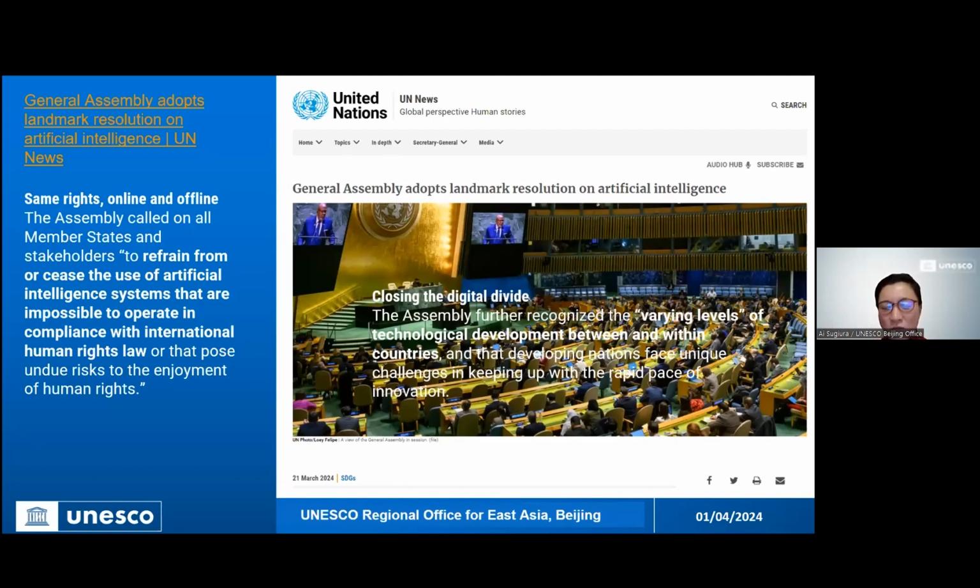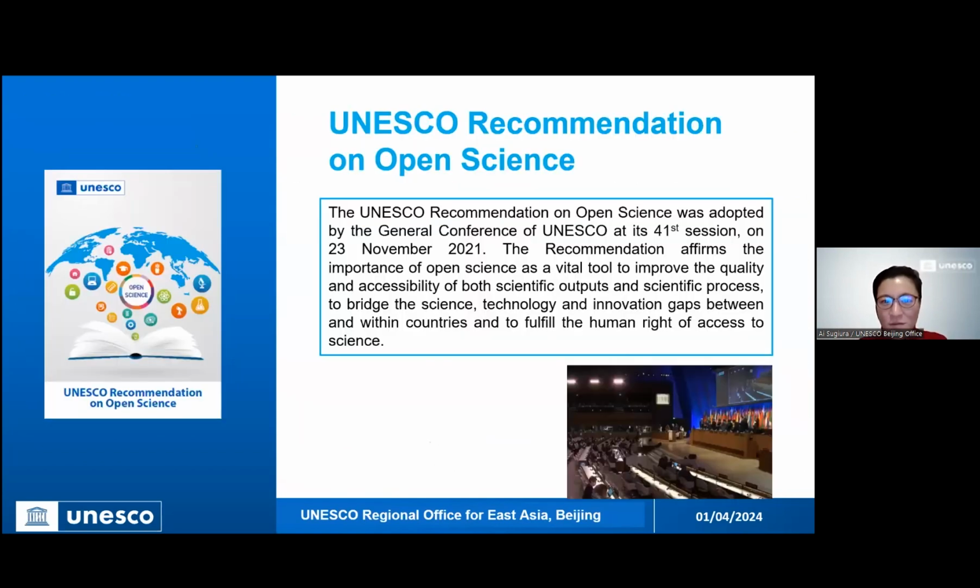So in that context, with the digitalization of everything, and in particular of science outputs and data, 194 member states requested UNESCO to develop this recommendation on open science.